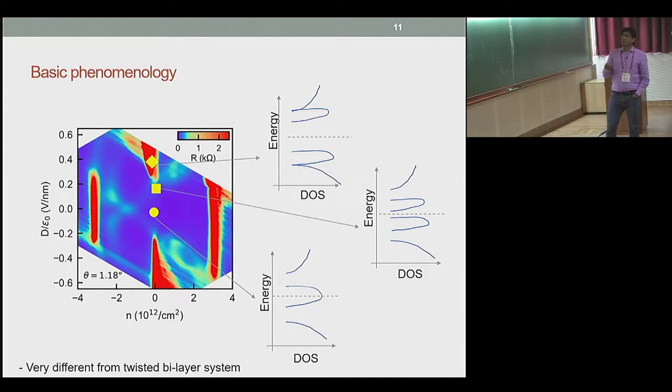These are the gaps, the Moiré gaps. One is on the electron side and one is on the hole side, these red regions. In this particular system of twisted double bilayer, these Moiré gaps are tunable, so that you can actually close them. Eventually, as you apply a perpendicular electric field, you will close these. And this is again a distinguishing feature of this system relative to the twisted bilayer graphene system.